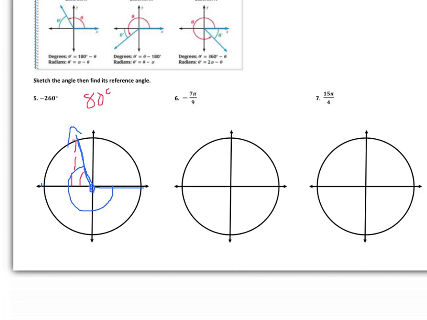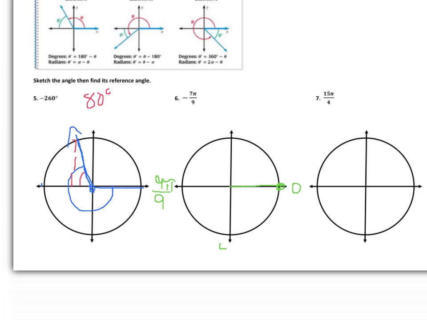So negative 7 pi over 9. Okay, so what I think about when I see these, I think this way. Here's where I'm starting, and there'd be 0. Well, this is 1 pi. But couldn't you say that's 9 pi over 9?